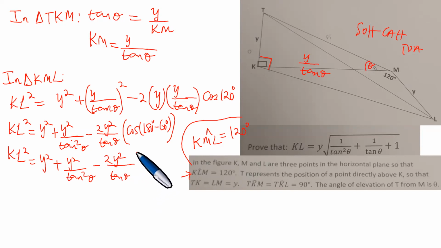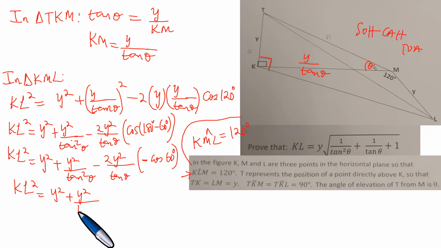In which quadrant is 180 minus 60? It is in the second quadrant, and in the second quadrant the cosine is negative, and then you just write cosine and the acute angle 60 degrees. In which case we have KL squared, which is the same as y squared plus y squared divided by the tangent squared of theta.